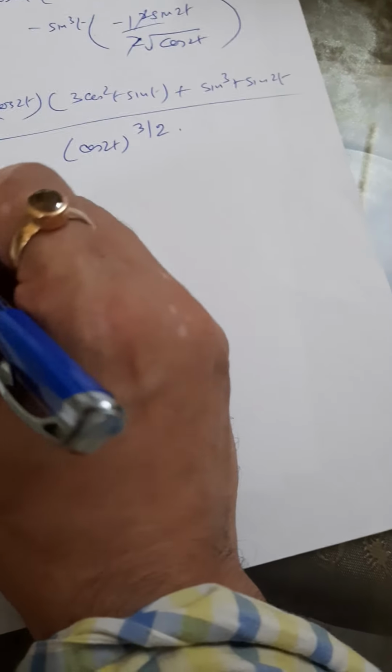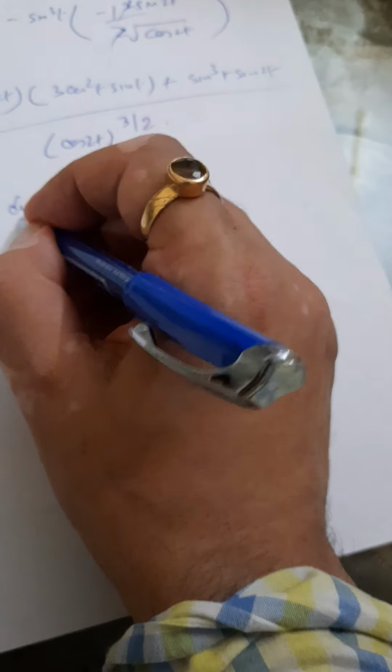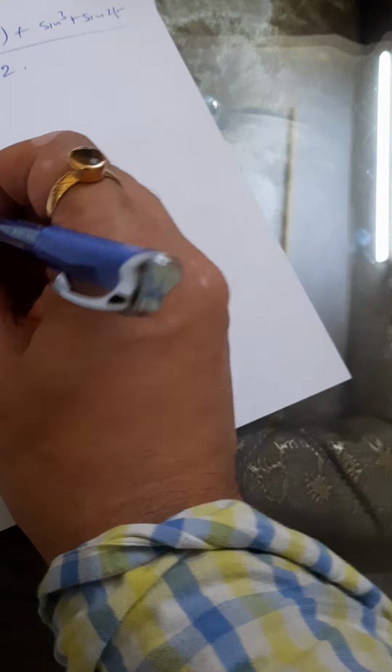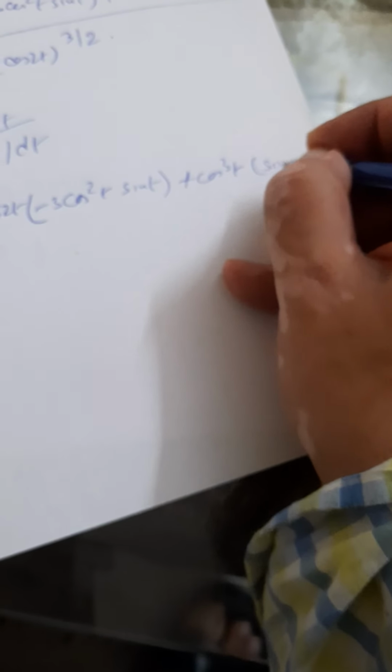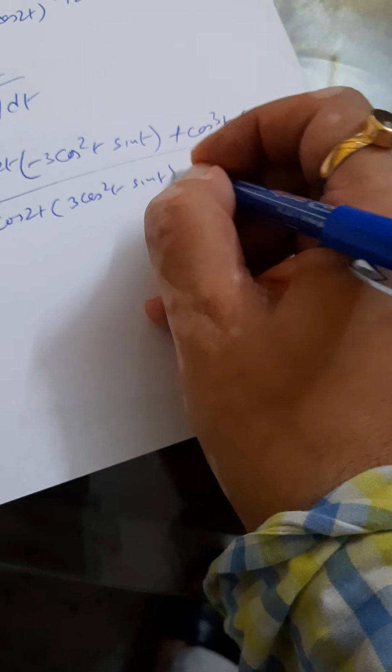So dy by dx will be what? This is dy by dt by dx by dt. Now the denominator will cancel, so you are left with cos 2t into minus 3 cos square t sin t plus cos cube t sin 2t, upon cos 2t into 3 cos square t sin t plus sin cube t sin 2t.